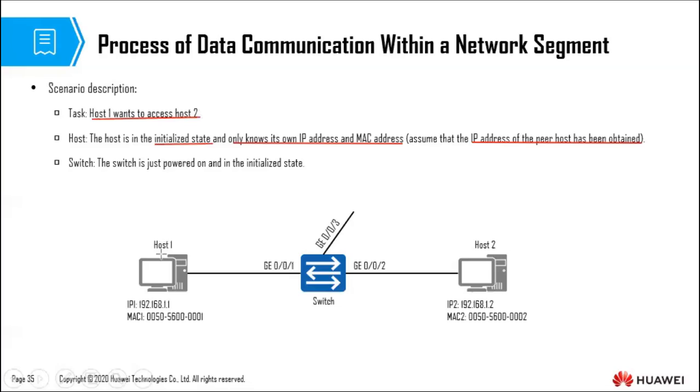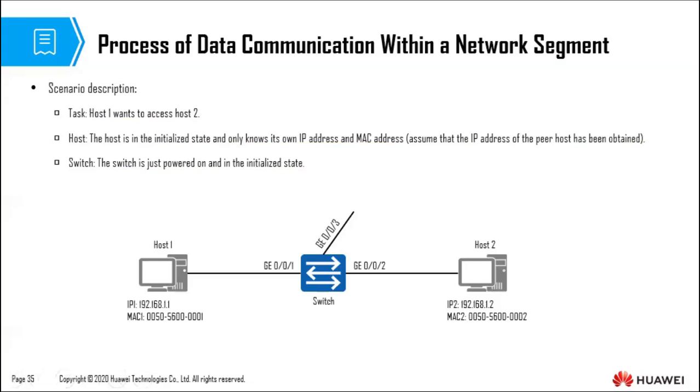So this guy wants to talk to host 2, but we only have the IP address of host 2. So the switch is also in the initialized state. It has just been powered on, meaning the table is empty. So what is going to happen?